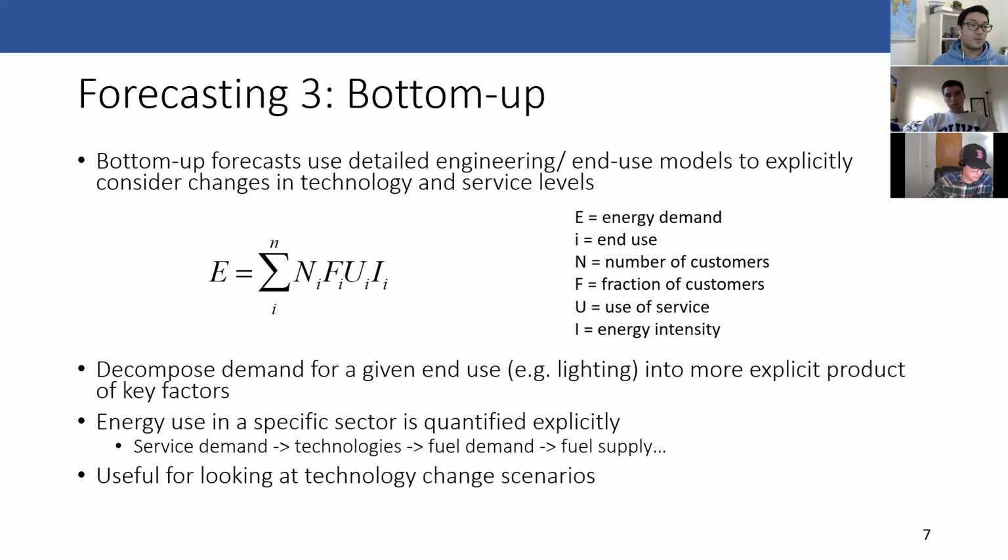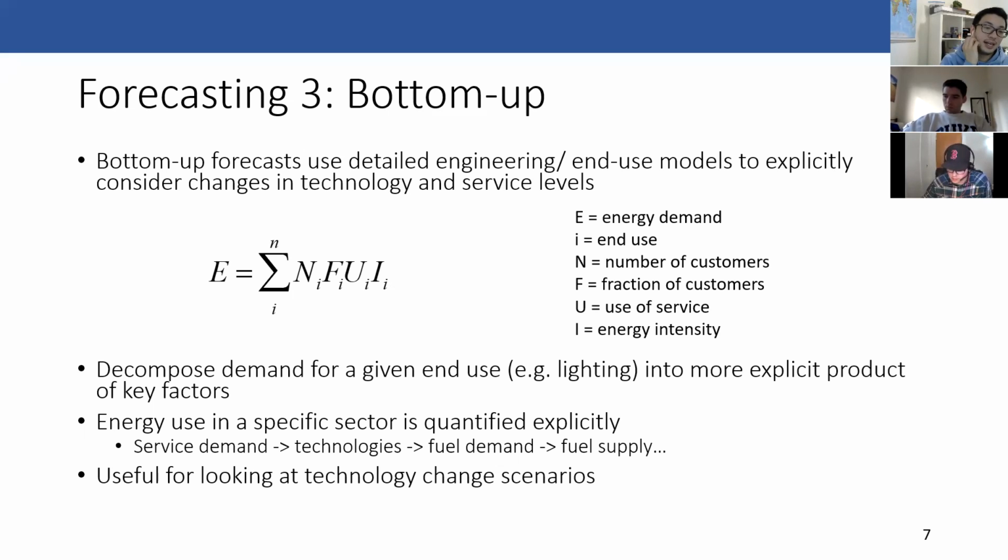Okay, and so those were some top-down. Bottom-up forecasts often start at a higher level of detail, thinking about engineering or end-use models to explicitly consider changes in technology and service levels. This particular equation is thinking about the same outcome, energy demand, but it's looking at all of these decomposed systems.